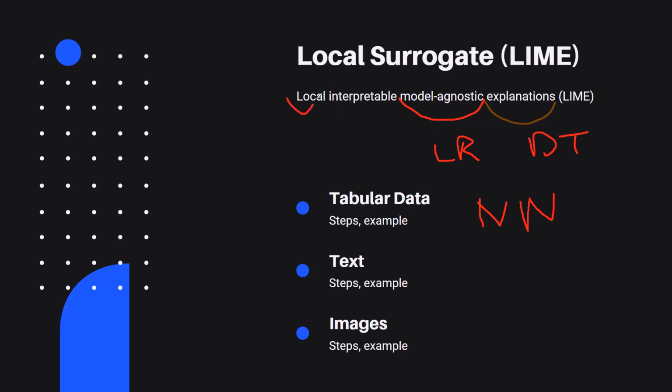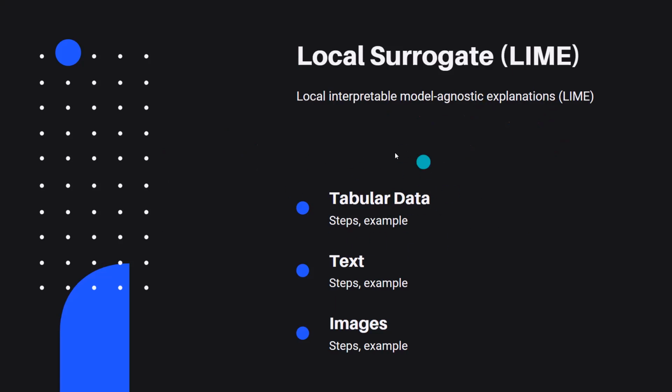And of course, local interpretable. Interpretable means it's an interpretation method. And local means that we're going to train a model, but locally. There is globally on the whole data set, and there is locally on a specific part of the data.